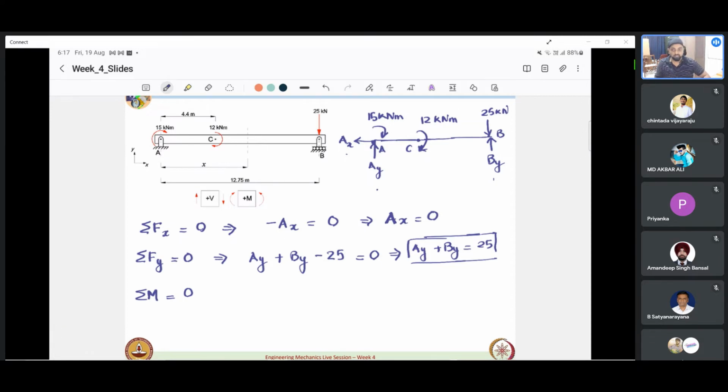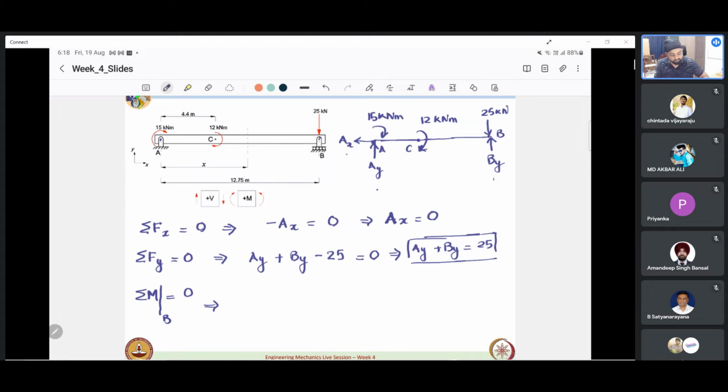But for convenience, in order to eliminate the unknowns, the general practice is that we take the moment about either one of the supports, so that the contribution of the moment due to the reaction applied at that support becomes 0, because moment is r cross F. If we were to take moment about B, then By's contribution would be 0 because it passes through B. So r is essentially 0, and r cross F also becomes 0. So let us say we take the moment at B.